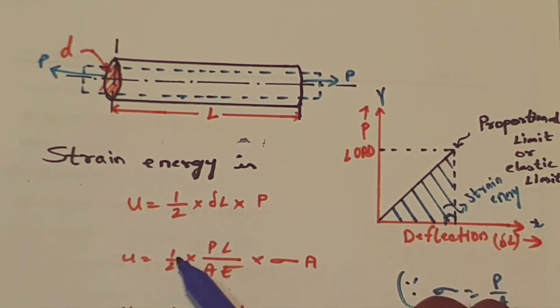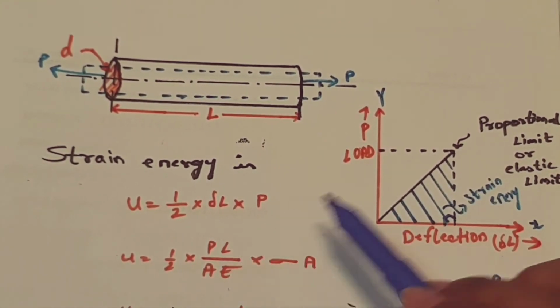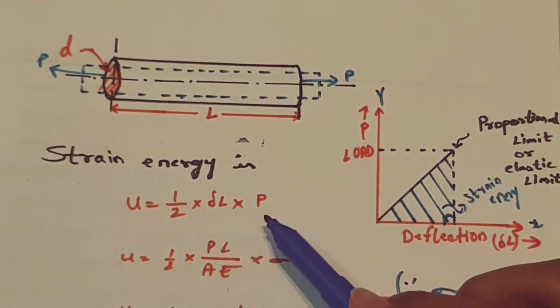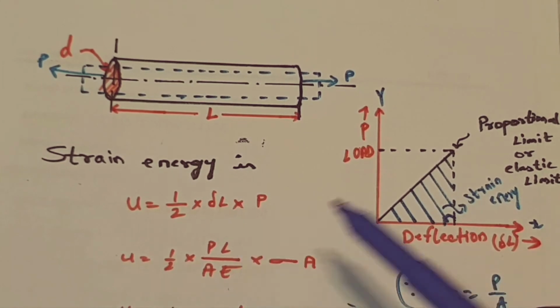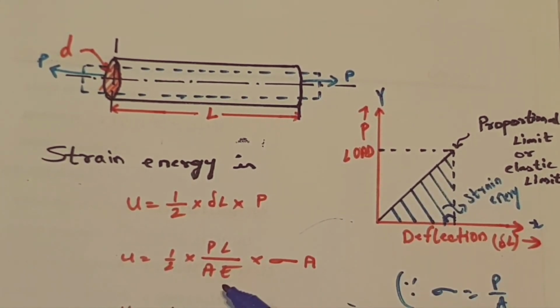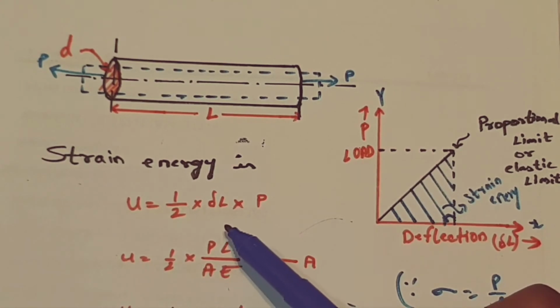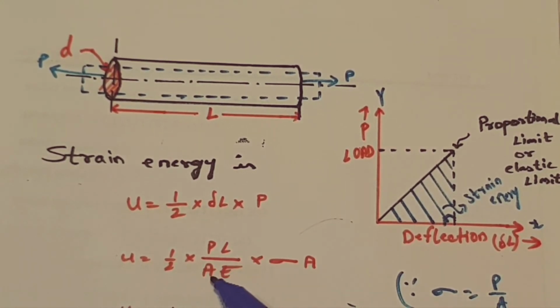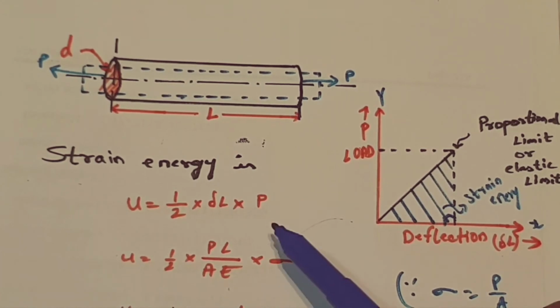So strain energy is equal to half, taking the red triangle, half base into height, that is half delta L and height P. From Hooke's law, delta L is equal to PL by AE, where P is equal to sigma into A. How?